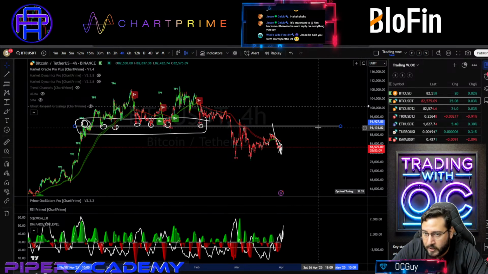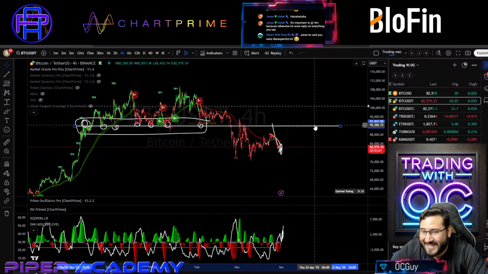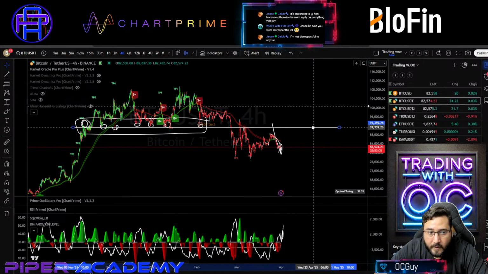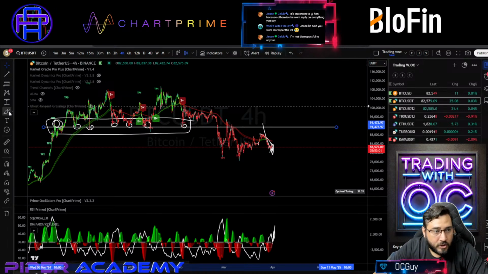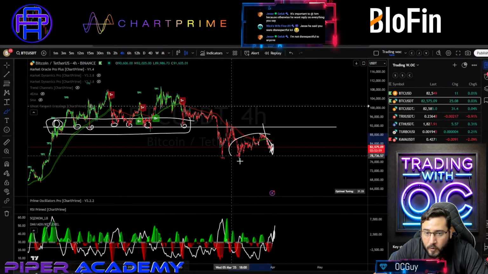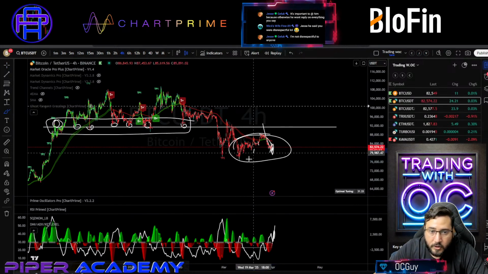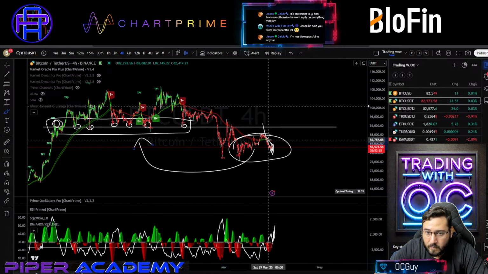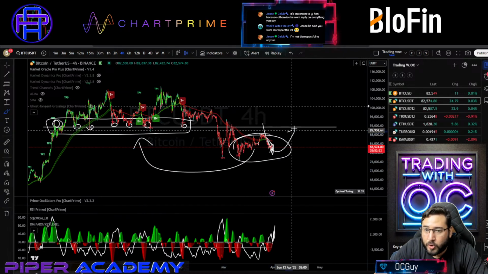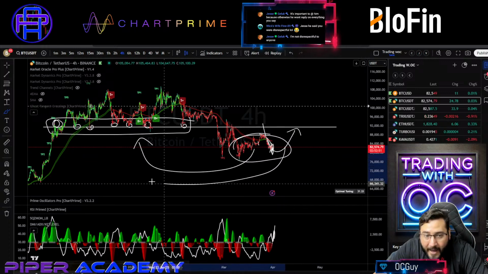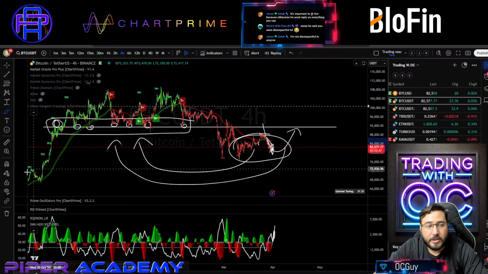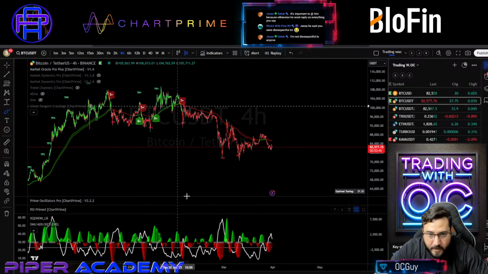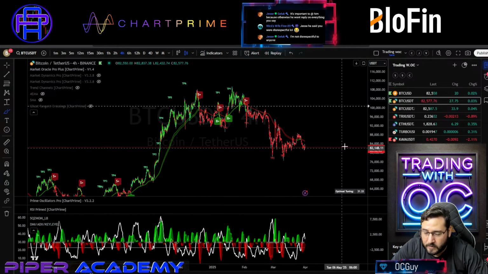This is a reactive indicator or line. So it's not using current data. It's using past data, right? To show you where past reactions had happened and future reactions may also happen. You see how that goes?